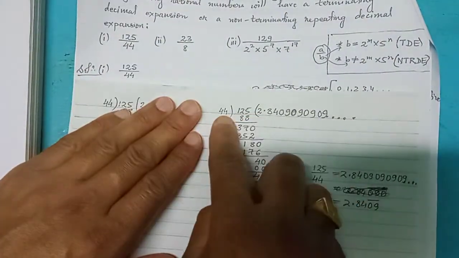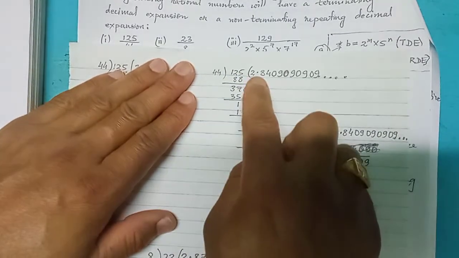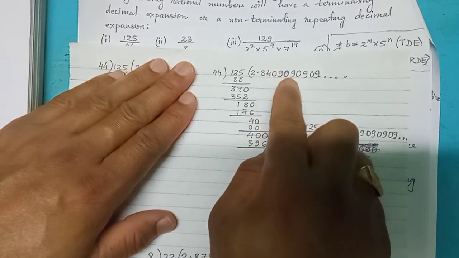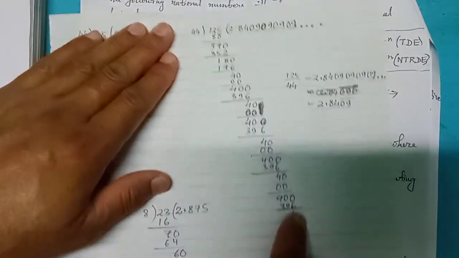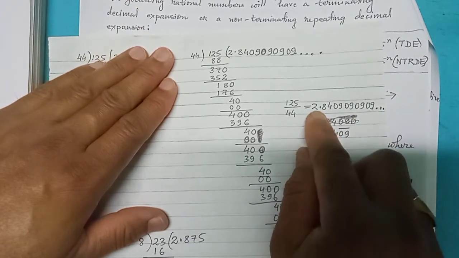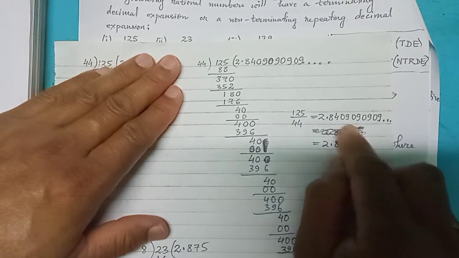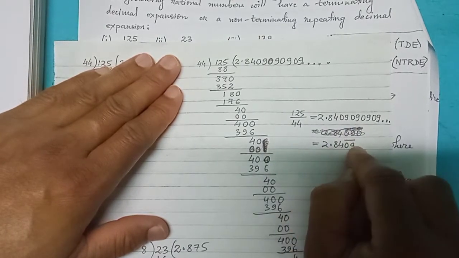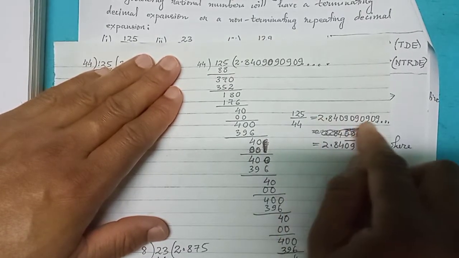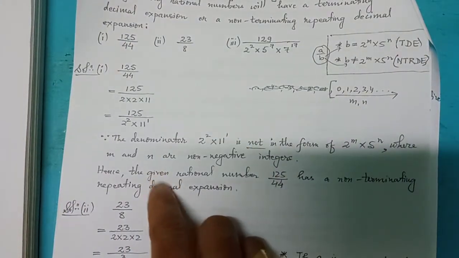And here also, if I divide 125 by 44 and do long division, I get 2.84, then 09, 09, 09, 09, and it keeps on going, it will not stop. So I can write 2.84, up to here no repetition, then 09 is repeating, so I write 09 bar. That means 09 is repeating. So yes, it's a non-terminating and repeating decimal expansion, which matches the result of number 1.